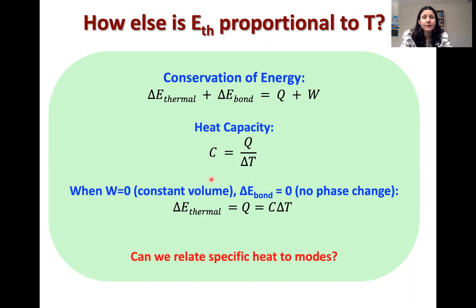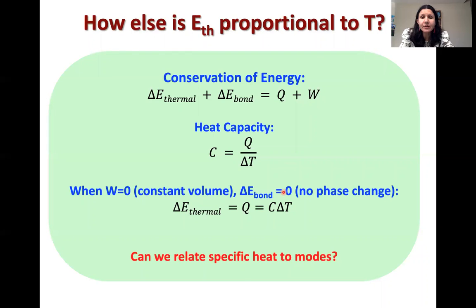Now, when we set work equal to 0, and we will later relate that, for now I'm just telling you that's true when the process is at constant volume. We'll see more of that in the next few recordings, but for now, just take it as fact.